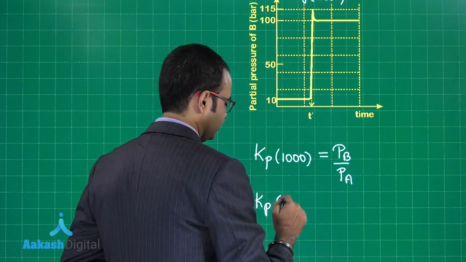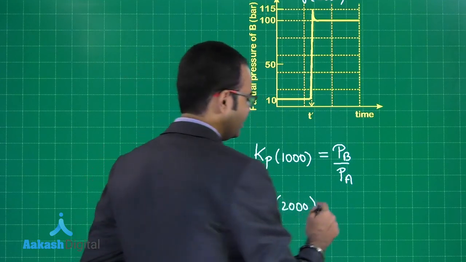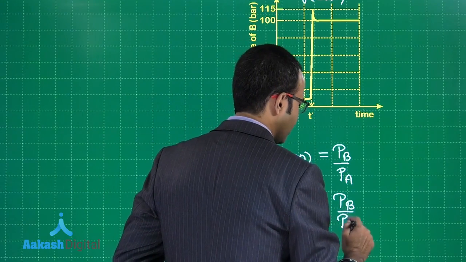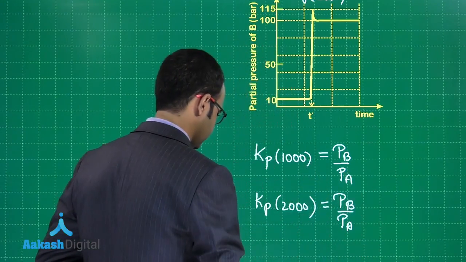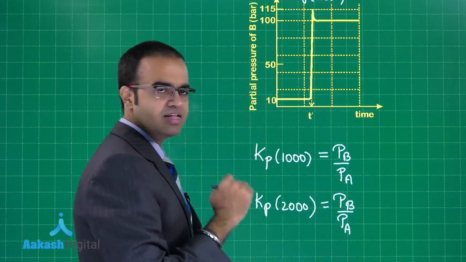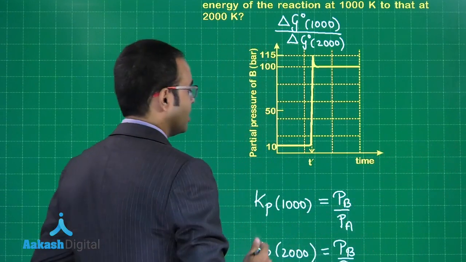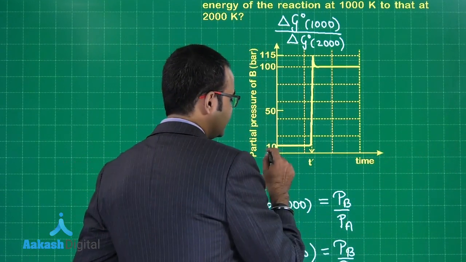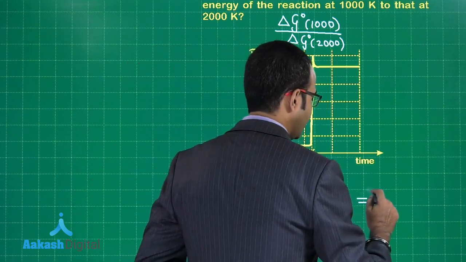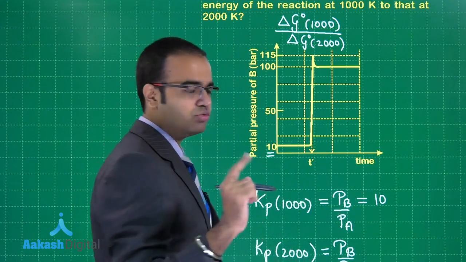Kp at 2000 Kelvin will also be Pb by Pa. But what is the pressure of B at 1000? If you're talking about 1000 Kelvin, the pressure of B is 10. So Kp is 10 because the partial pressure of A is maintained at 1 throughout.